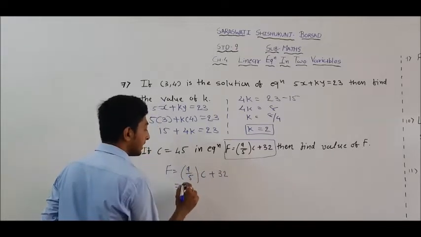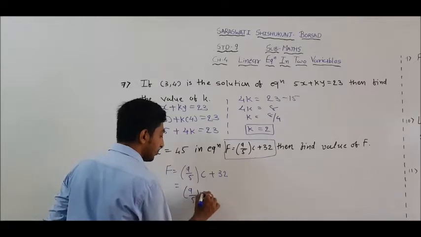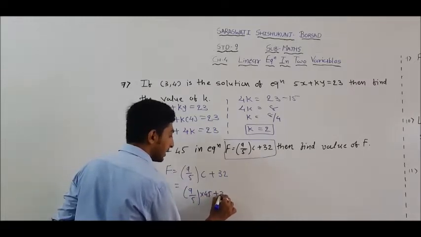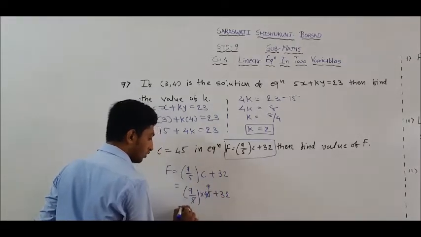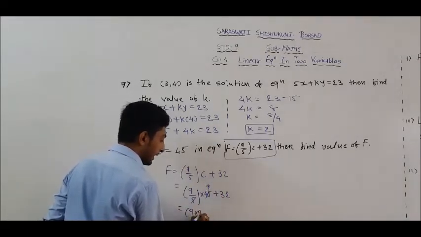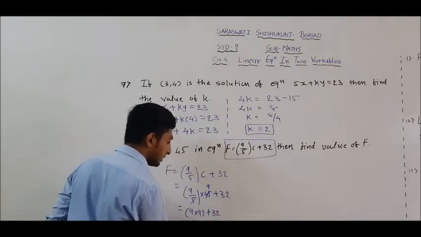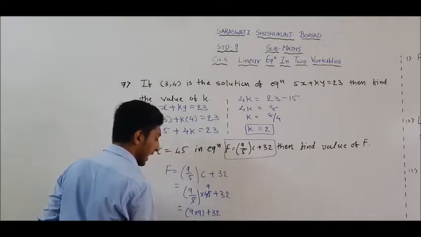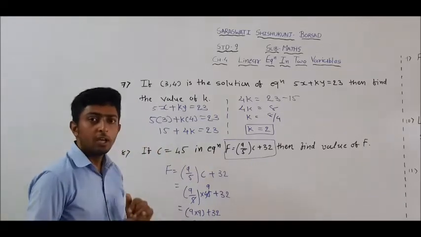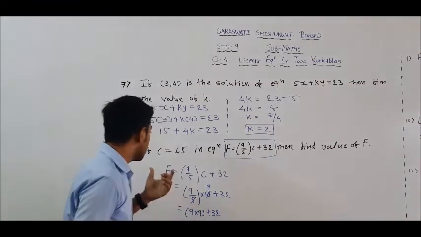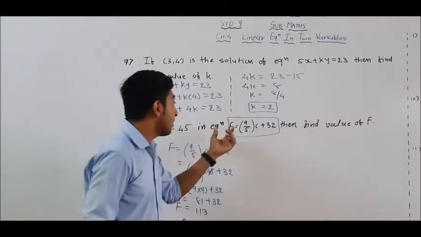So here it is given that C equal to 45. So 9 by 5 into 45 plus 32. So here 5 nines are 45. So we get 9 into 9 plus 32. That is 81 plus 32. So the answer is F equal to 113.